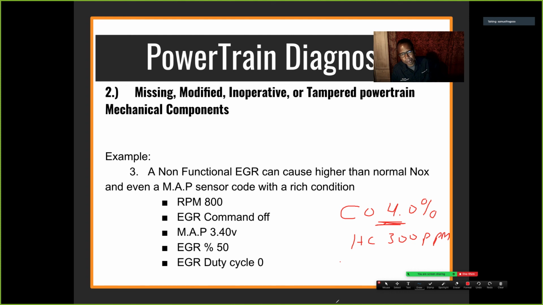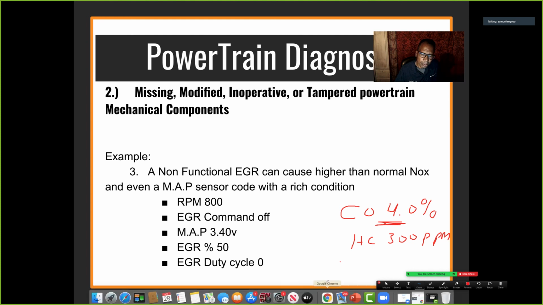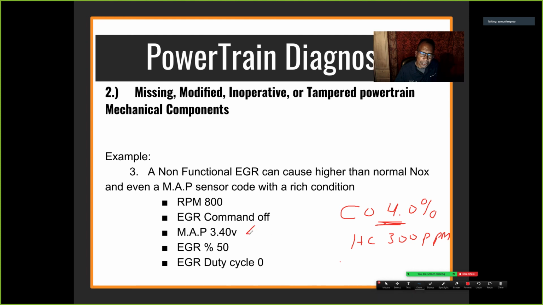It's at 800. Yes, partial acceleration. But the EGR is commanded off, but it says that the EGR is at 50%. Exactly. So meaning it's stuck open, partially open. Right. How about this? Saying 0. How about that?